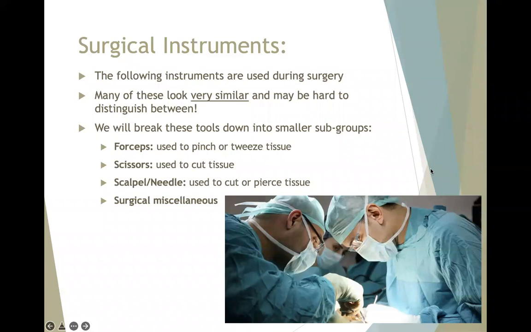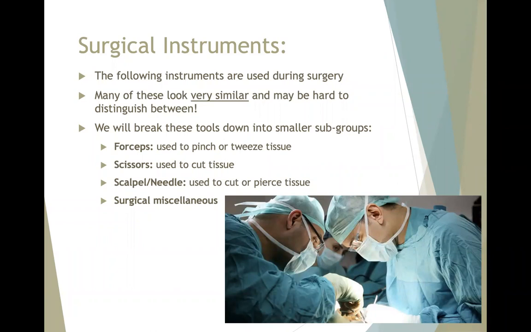So getting into our surgical instruments. These instruments are going to be those tools that you see that we're using during surgery. Now, something that can be hard about memorizing these tools is they look very, very similar, and it's very minute details between the different classes of these instruments, especially the different types.